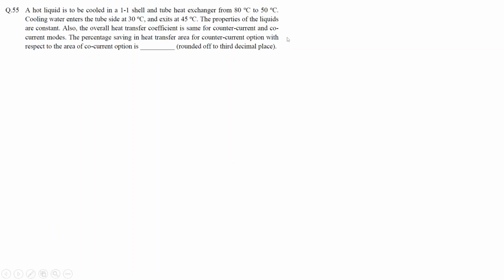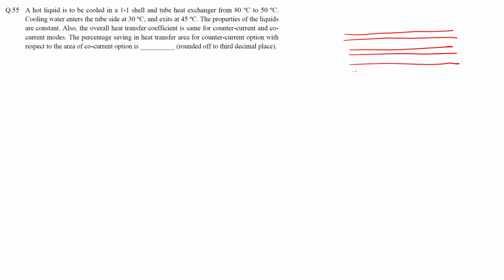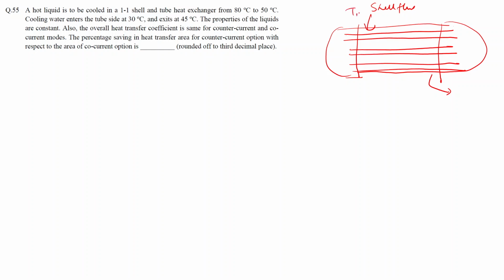So a general schematic of any shell and tube heat exchanger will be like this. Let's say we are having multiple tubes. From here my shell side fluid will enter, and from here my tube side flow will enter and it will get out.